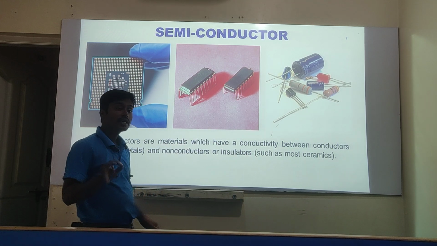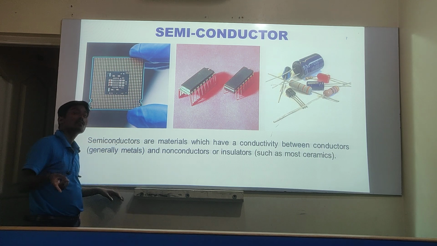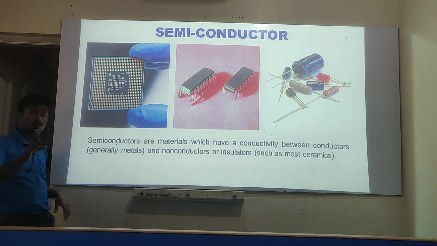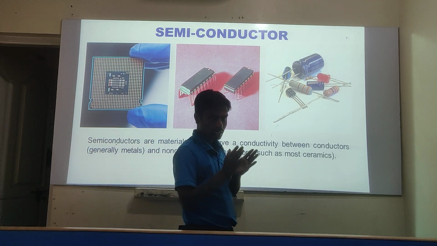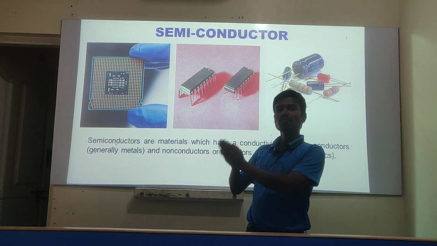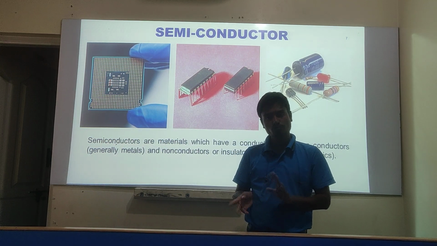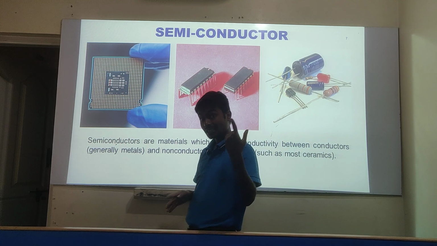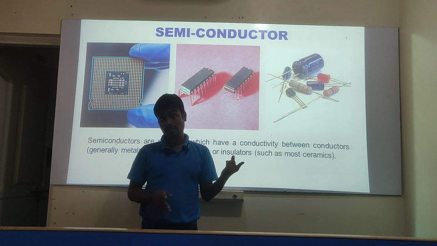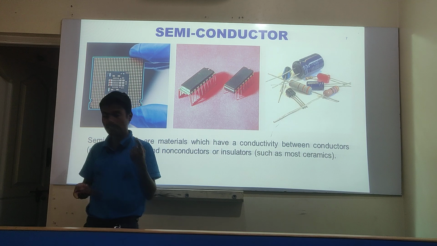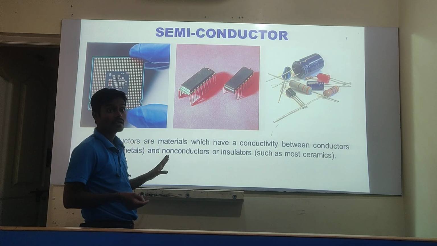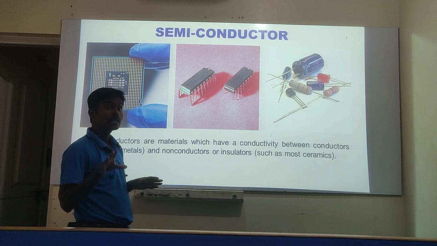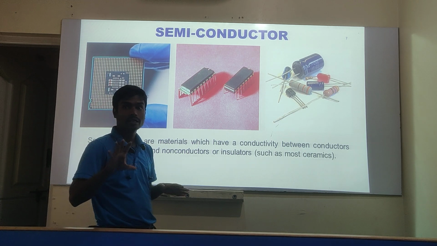It lies between the two, which means it has some conductivity and some insulation also. Both it will have, but electricity will flow. It is not that electricity must flow, but here insulation will manipulate the conductivity.